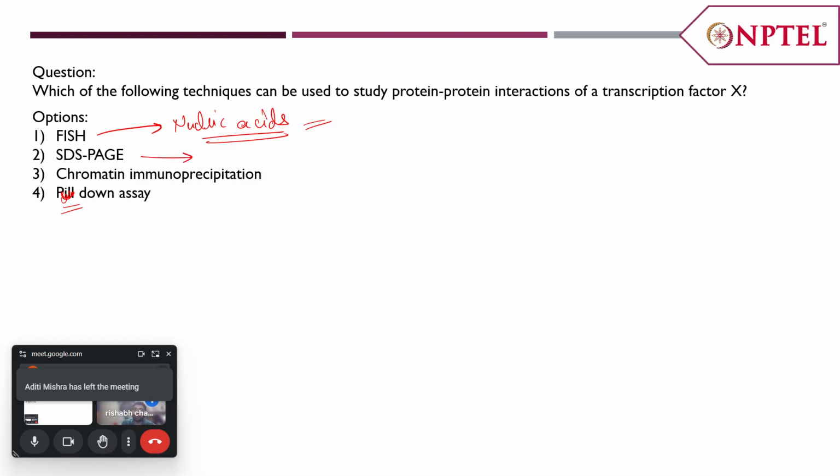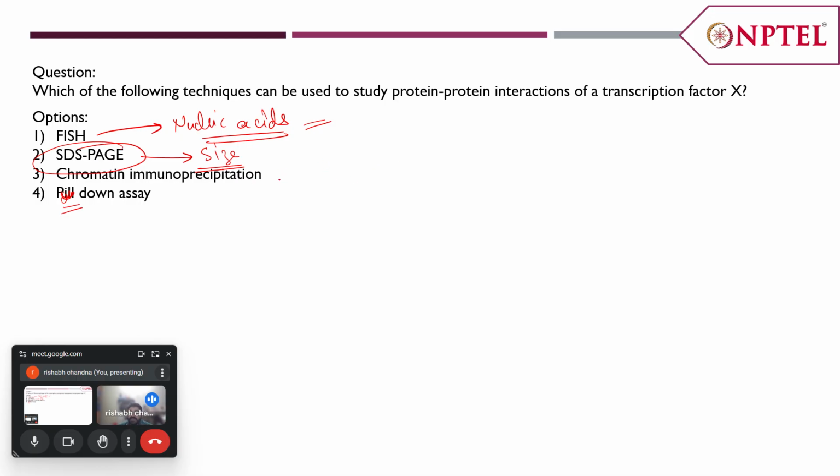SDS-PAGE will not be able to detect the protein-protein interaction. It will only tell us the size. There are different methods like EMSA that can be used, but SDS-PAGE cannot be used because SDS and beta mercaptoethanol denature everything.